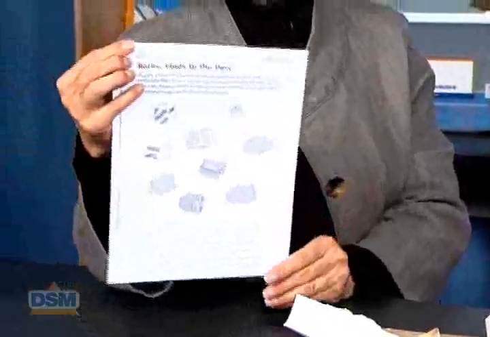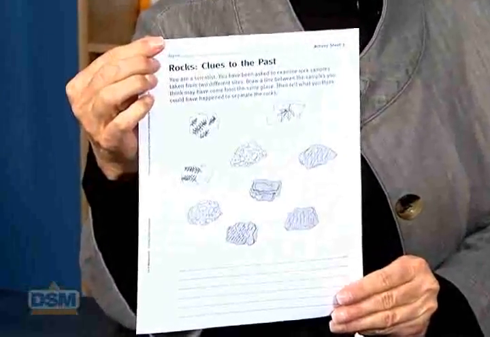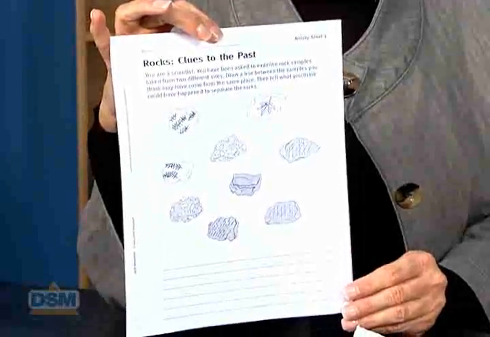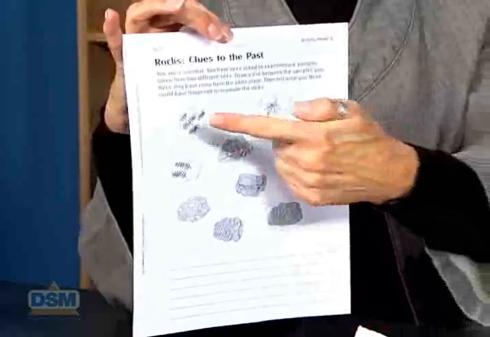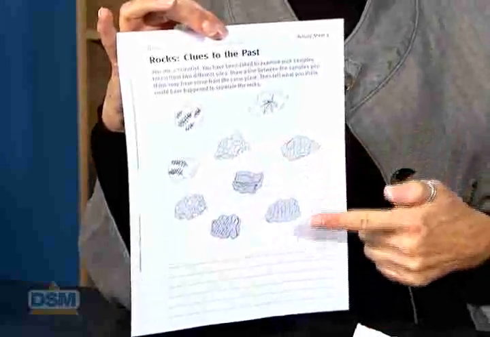Now you'll distribute activity sheet 3 to the students. On this sheet, students examine the drawings of rocks taken from 2 different sites. The students will match the rocks with similar properties. Students are asked to infer what happened that caused the similar rocks to be separated.